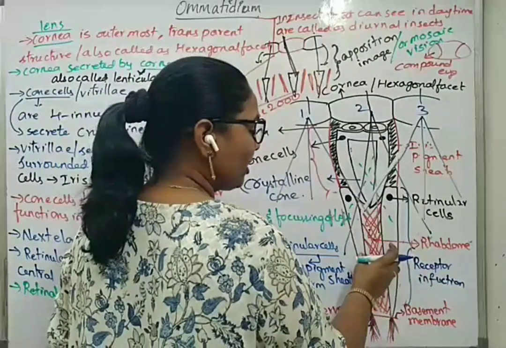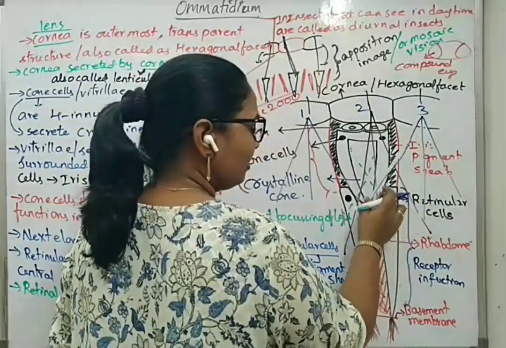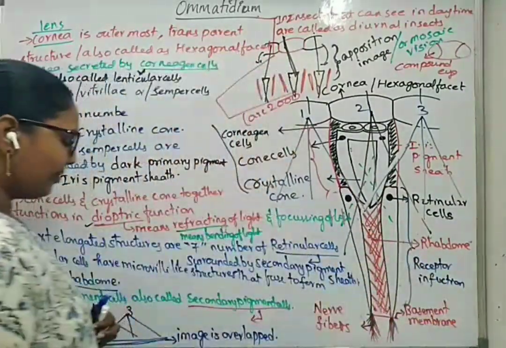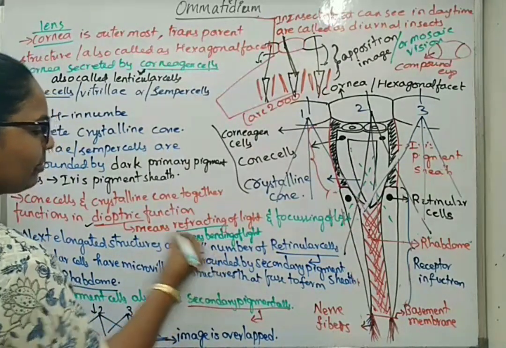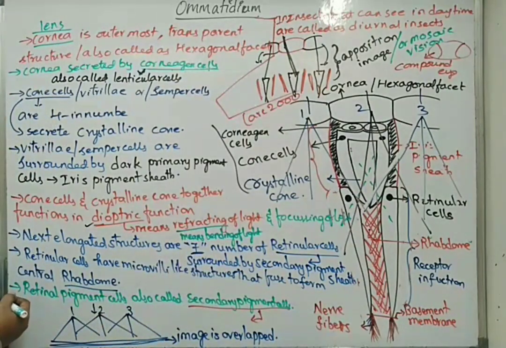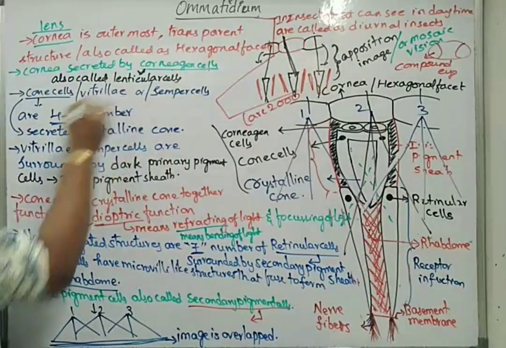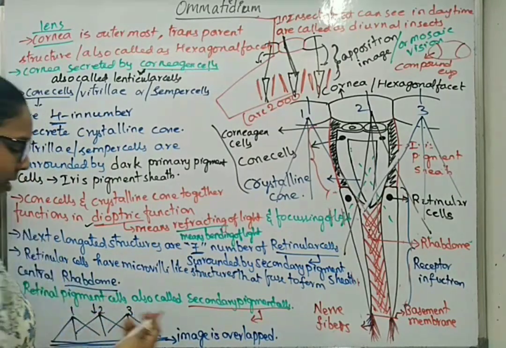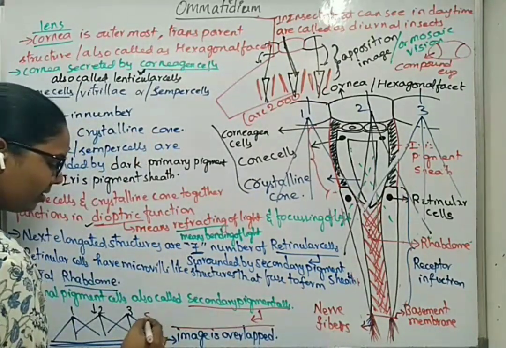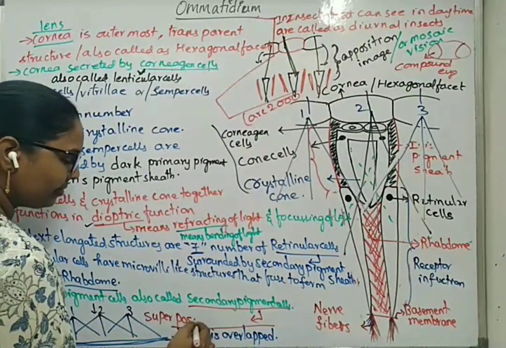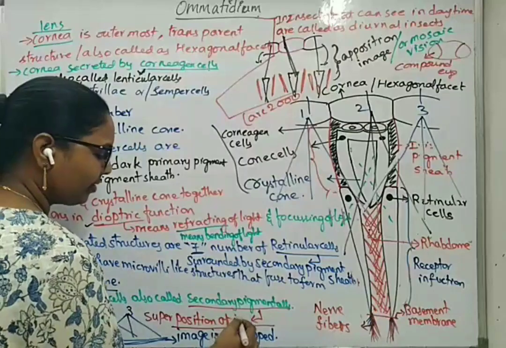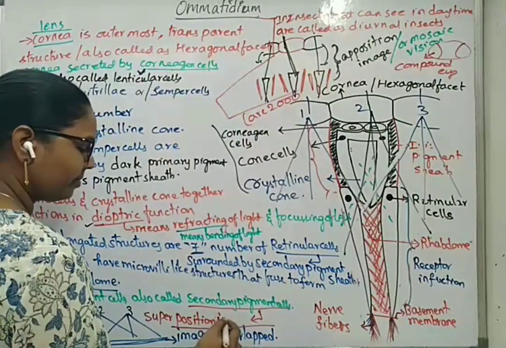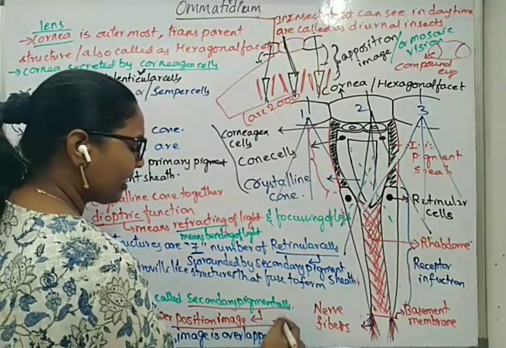Because of the presence of photoreceptors, this area after the crystalline cone, the rhabdom and the retinal cells together constitute receptor in function. Here we have given 7 retinal cells, and in the case of cone cells, 4 cone cells. Here the image is overlapped. Such a type of image is called superposition image. It is also said to be a blurred image.